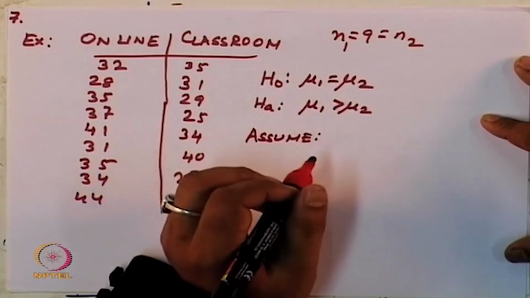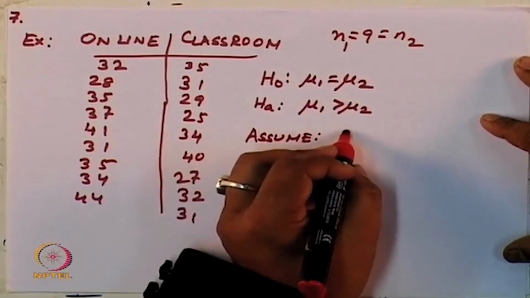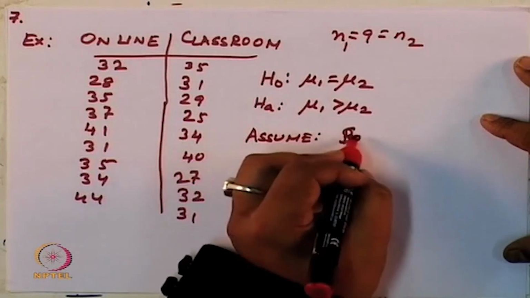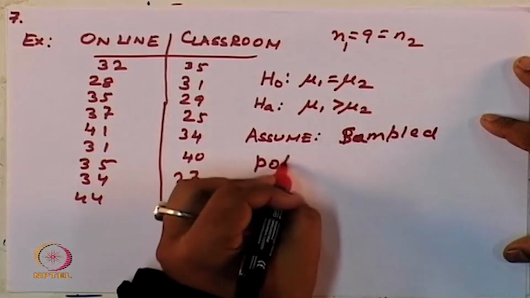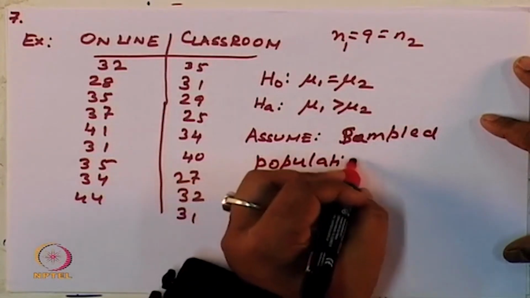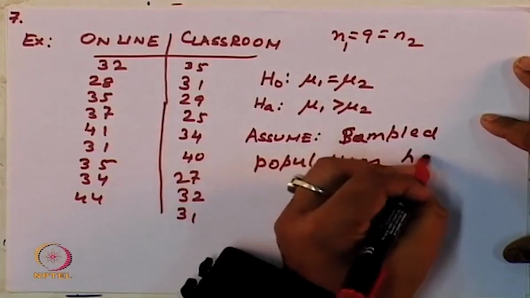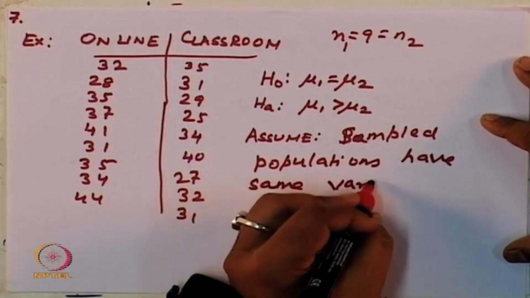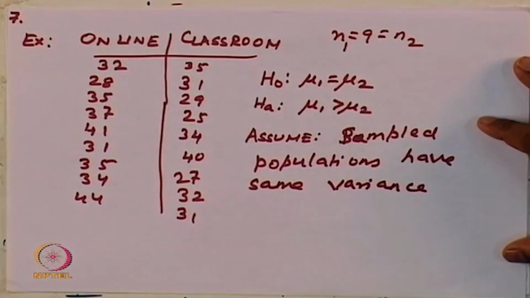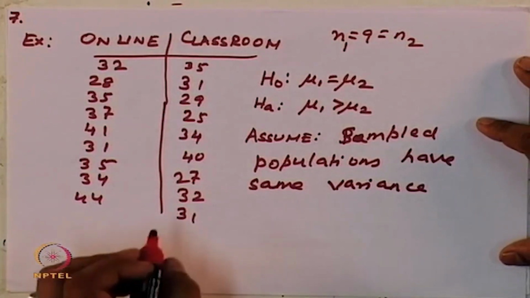We have to assume that the sampled populations have same variance. Okay. So, with this assumption I can calculate.